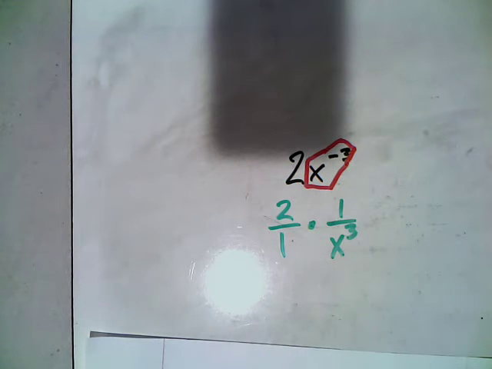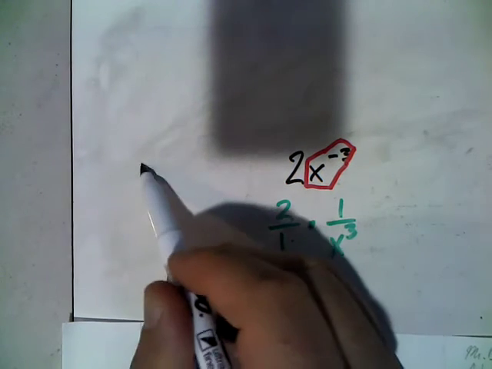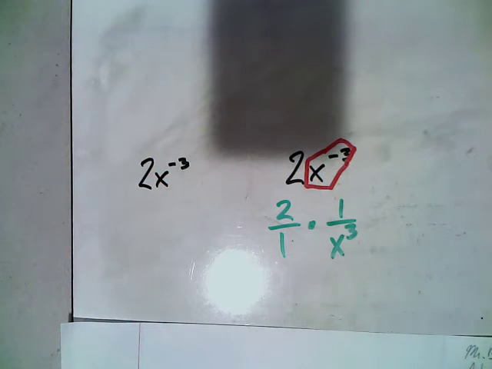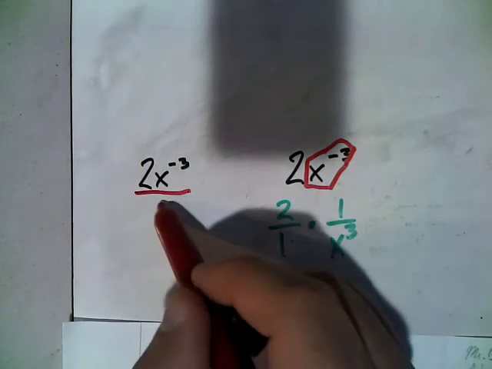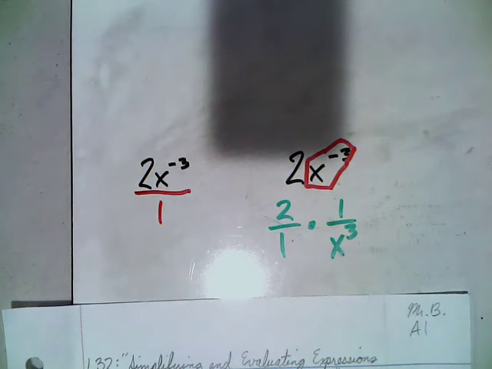So ladies and gentlemen, kind of a shortcut here for problems like this is if I take my 2x to the negative third power and I imagine it as being a fraction, being over 1. What the negative exponent is basically going to end up doing is it's going to take anything that it's affecting and flip it from numerator to denominator, denominator to numerator.